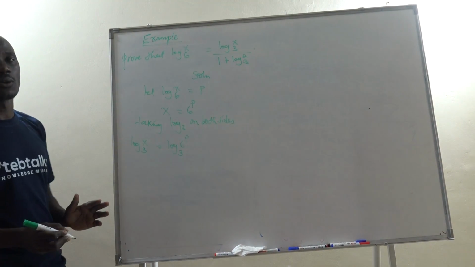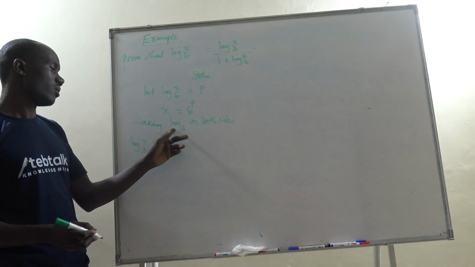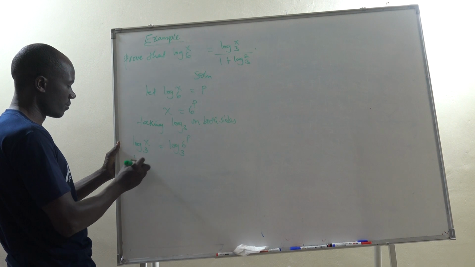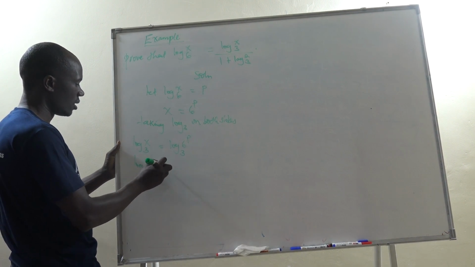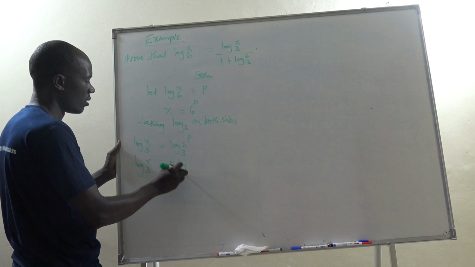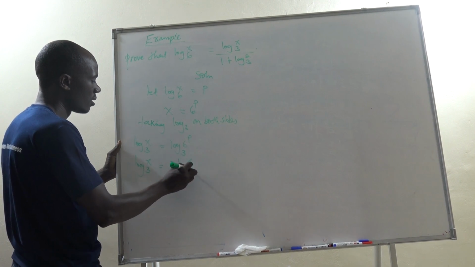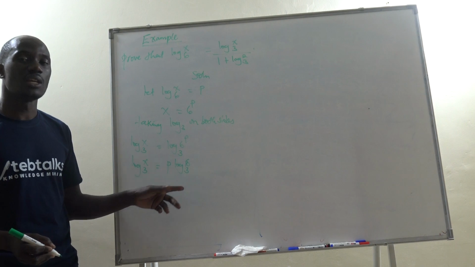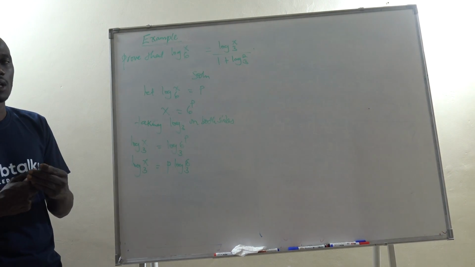So what happens from another law of logarithm? This one is being driven to that side. So we're having log of x base 3 equals p log of 6 base 3. Now we also break 6 as a relationship with 3. Look at that number which has got a relationship.